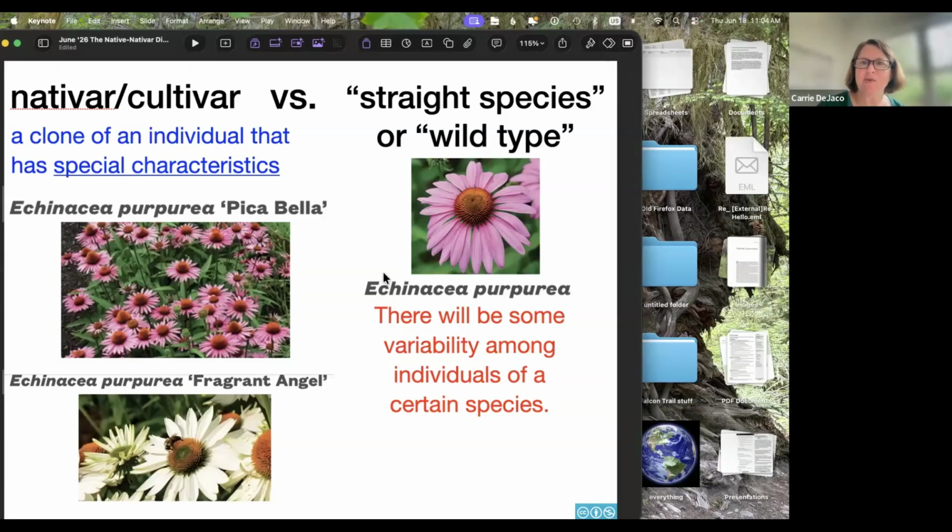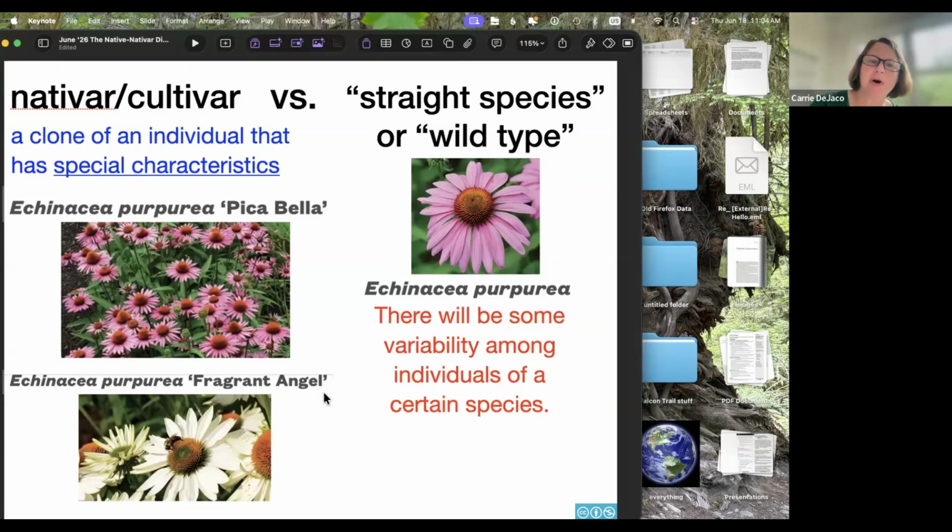This says that this is the wild type or straight species, so there will be variability among individuals. Some might be healthier, some taller, some fuller, some will have more flowers or fewer flowers or brighter flowers. But anything that has an additional part to the name in quotes, like Picabella or Fragrant Angel, those are cultivars.